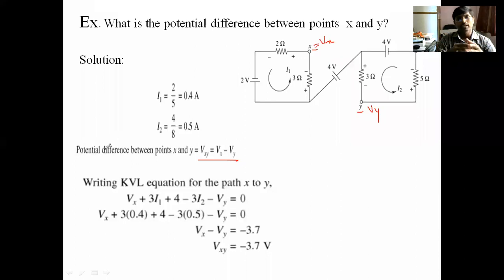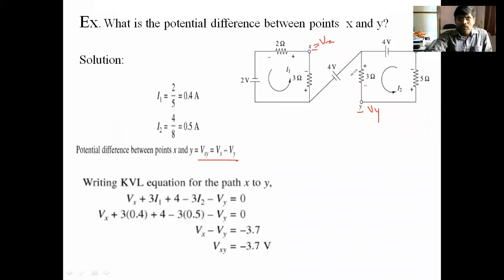Suppose it is Vxy, take Vx minus Vy. If it is Vyx, take Vy minus Vx. So the minus sign always indicates higher or lower. If it is current, it gives the direction. If it is voltage, it gives the higher or lower.